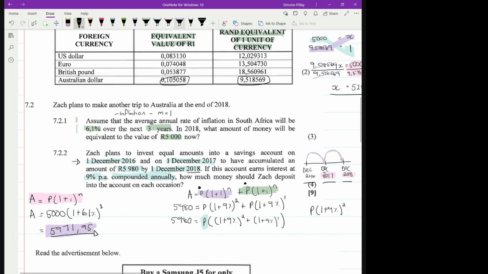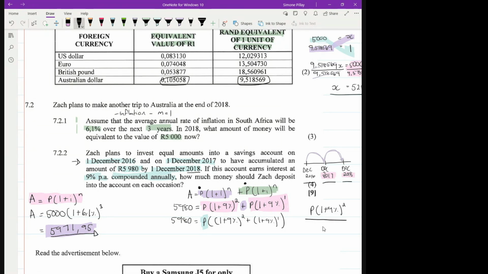Remember, a term is anything separated by a plus or minus. So right now, this whole thing here is one term, and this whole thing here is one term. So I've taken my first term and taken out P as my common factor.